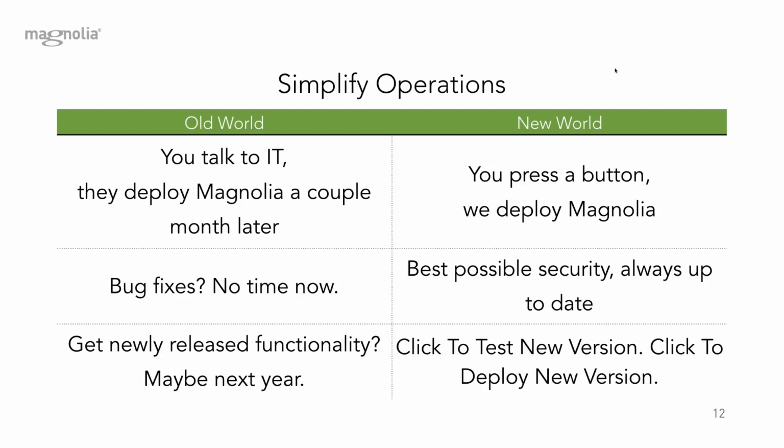With Magnolia Now, you basically say, I want to test the latest version, and then you can test it against your live data, and if you're happy, you just click again, and you switch to whatever version we have just released. And luckily, you can also roll back.